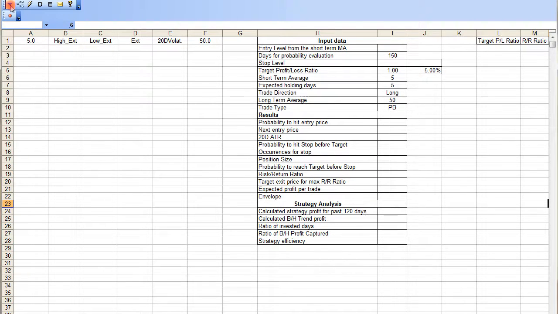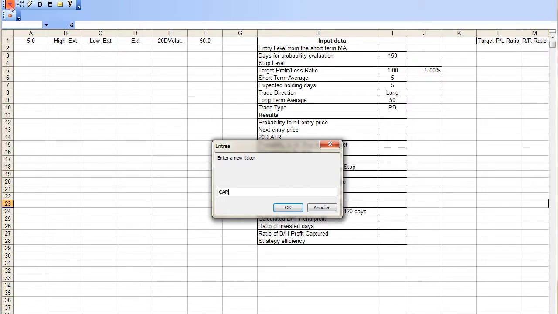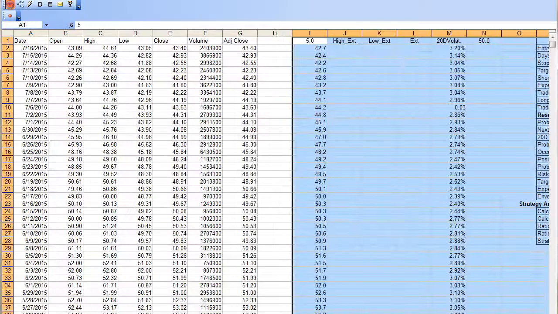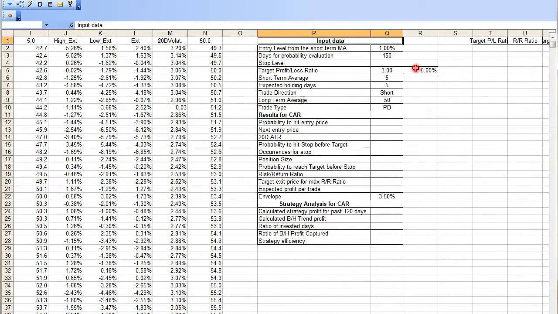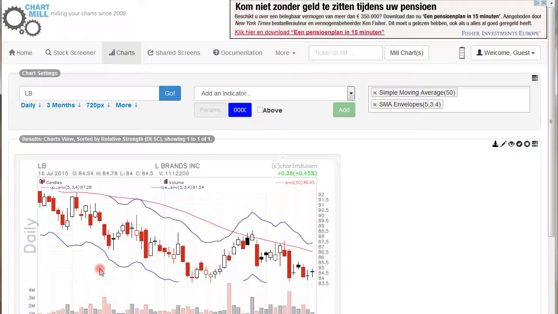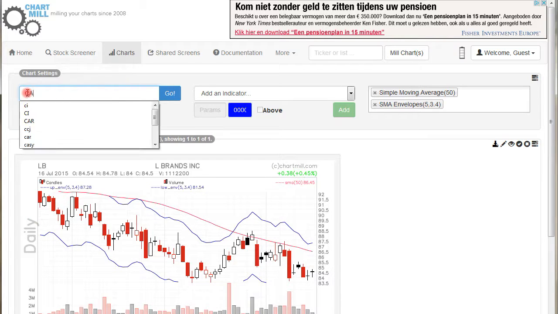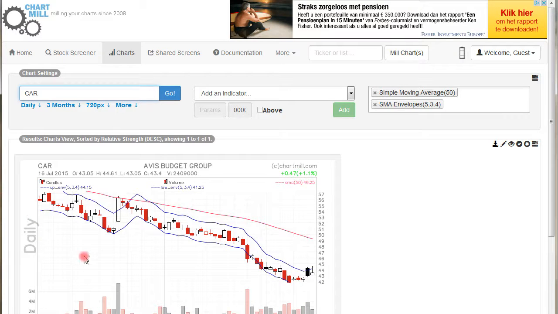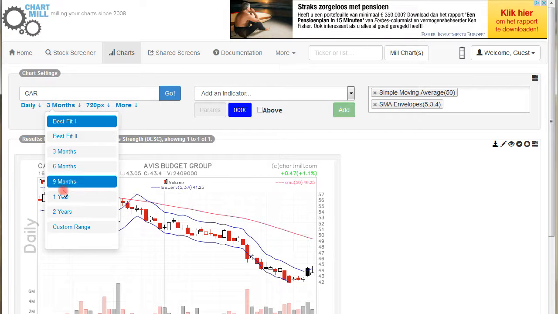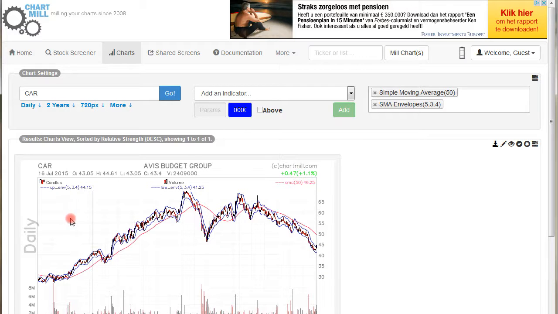We had, I think, CAR. It's also a short trade, and we were also pulling back. Let's see, CAR here for a longer term, for 2 years. Okay, you see here we have 1, 2, 3, 4, 5, 6, about 120 days.